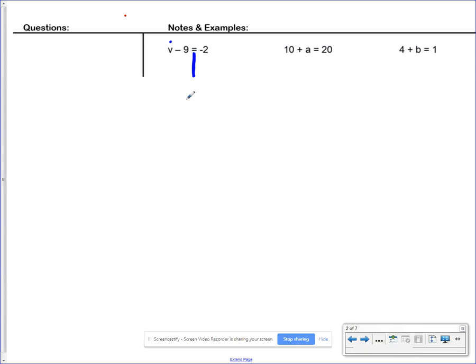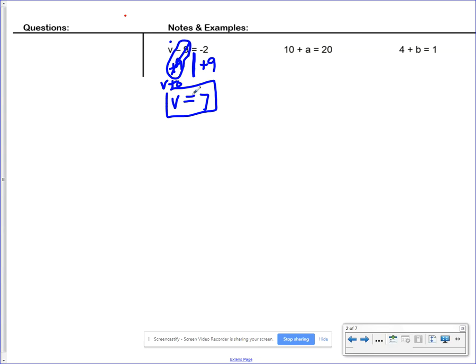We're subtracting 9, or you can think of that as adding a negative 9. We want to undo that by adding 9. And the reason I do that is because when I combine those two together, they're like terms. That goes to 0, and v plus 0 is just v. Yay, hooray. That goes away. However, if I add 9 to this side, it's going to get all out of balance and be kittywampus. We don't want that. You have to do the same thing to this side to get your final answer.